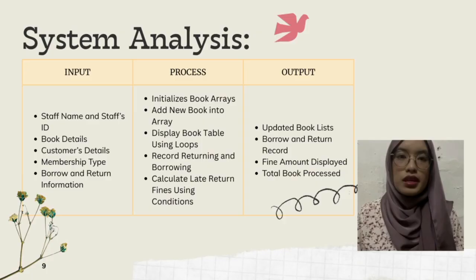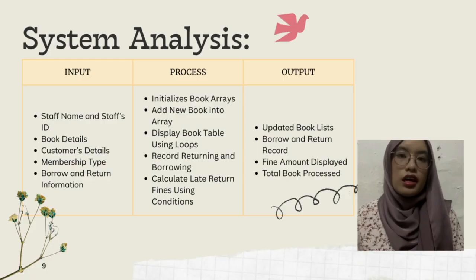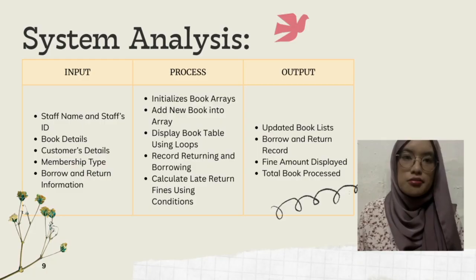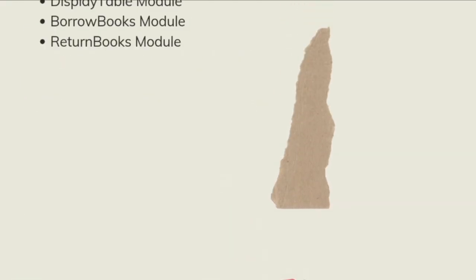It also displays the book table using loops, record borrowing and returning transaction, and calculate late return fine using condition. Lastly, for the output, the system will produce updated book list, borrowing and returning record, display the fine amount, and show the total number of book processed.